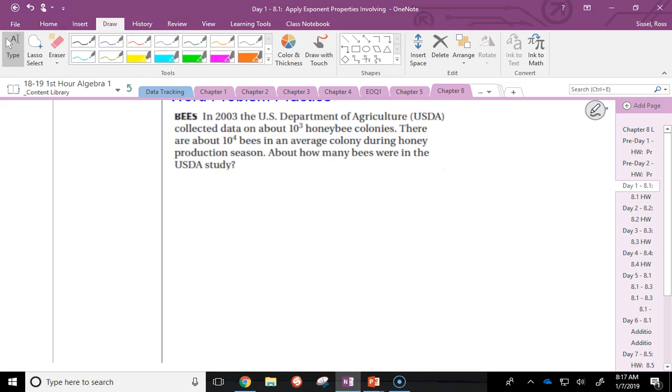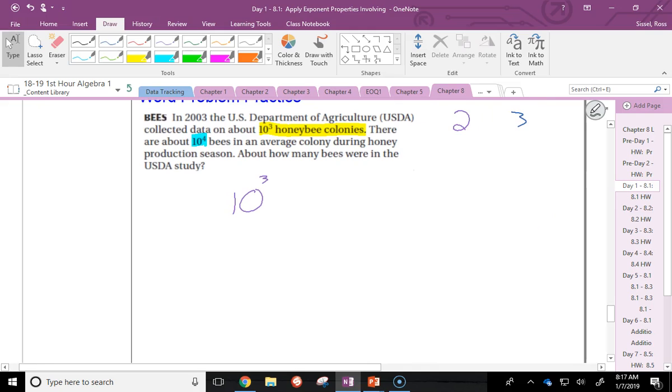Mainly in this one, it said they collected data in 10 to the 3rd colonies. So they're just saying a really large number. Over here, if you need to pretend, just say they used 2 colonies, just to make sure you're doing this right. And in each colony, there's 3 bees. If I said they did 2 colonies with 3 bees in each colony, how many bees did they get total?